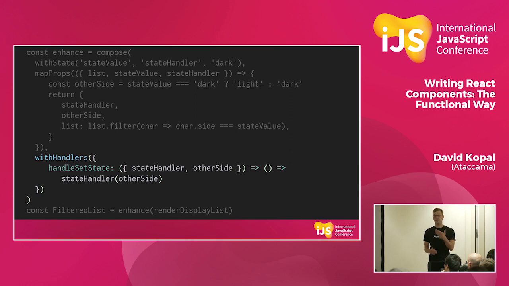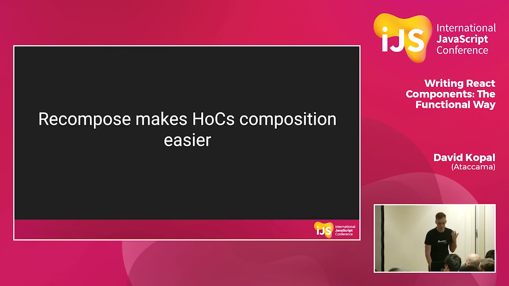So it's easier than going to some big class and needing to find all the handlers. So that's pretty useful. By providing us with so many predefined higher order components, Recompose makes it much easier for us to do higher order component composition, and it makes it much easier to use higher order components in general.